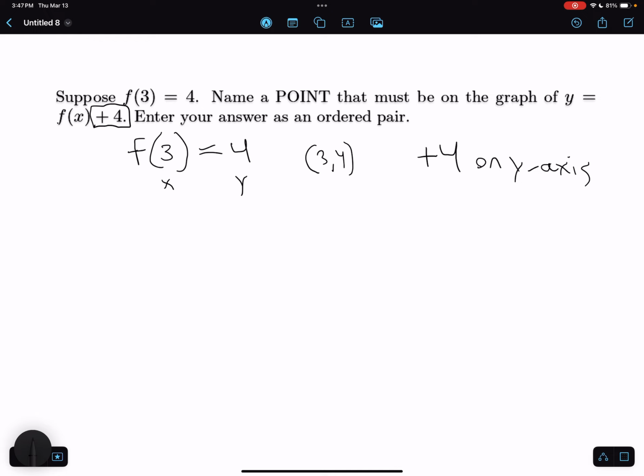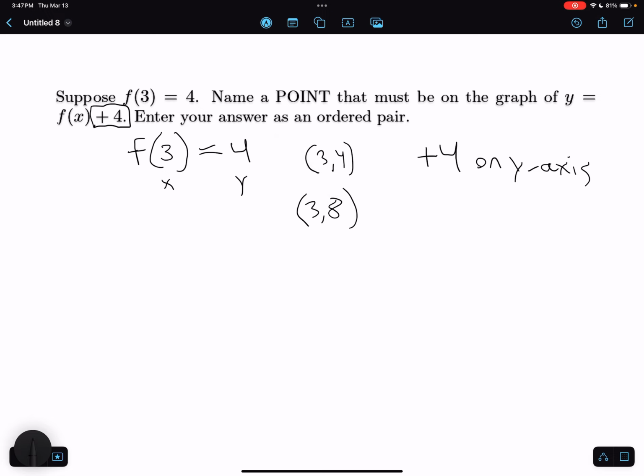So then, all we have to do is change this point, because we know (3, 4) was a point on the graph of the previous graph, the original one. Then we simply add 4 to the y-coordinate, because we're going up 4 to find the new point on the separate graph, which gives us (3, 8).